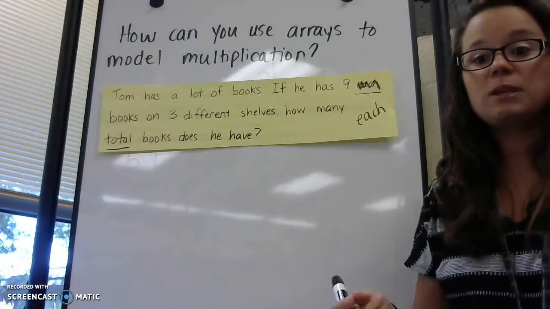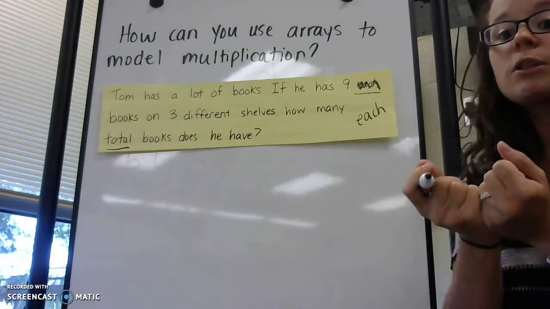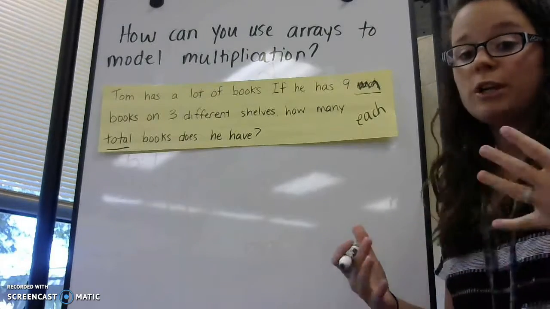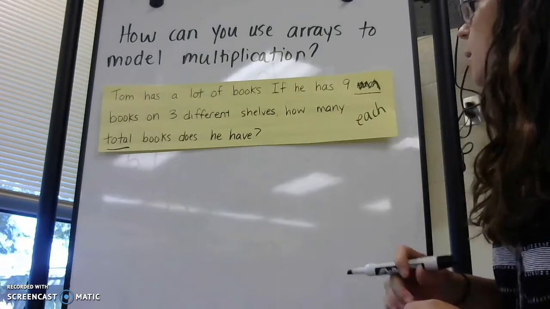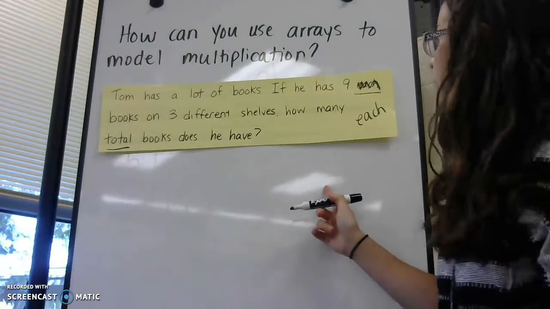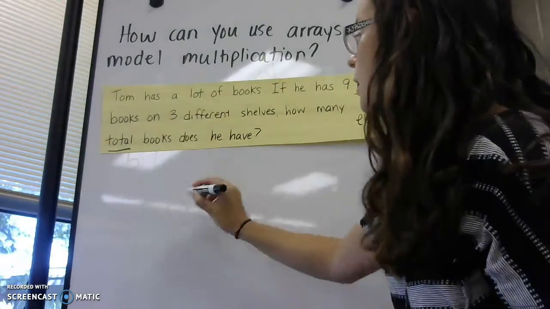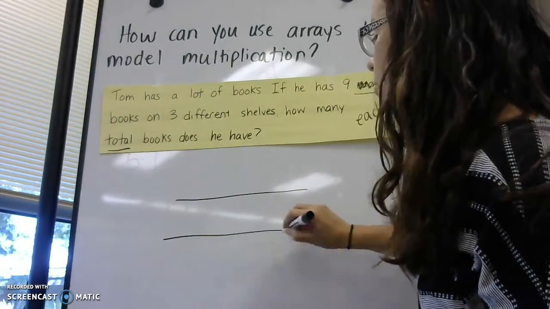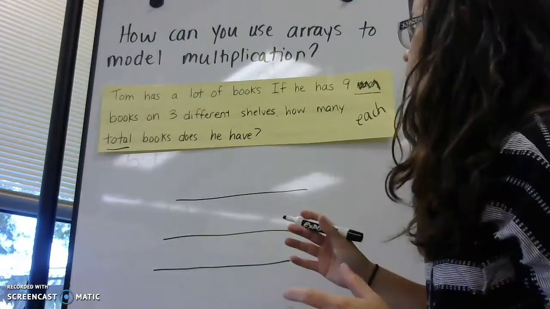That does make sense because multiplication and addition are related. They're not the same thing, but they're related, which is why we can use repeated addition to solve multiplication problems. If I wanted to solve this using an array, I might take my 3 different shelves and draw them out.